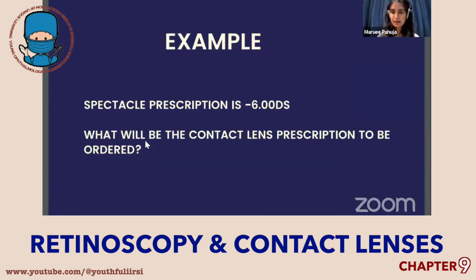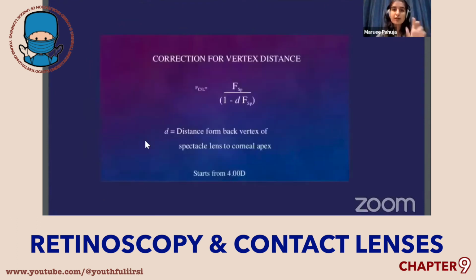For a -6 diopters, when you do the calculation, which is -6 divided by 1 minus 0.014 in meters into -6. So that 1 minus becomes a plus. And in a hyperopic number, it stays minus. So you subtract it in a hyperopic and add it in a myopic prescription.